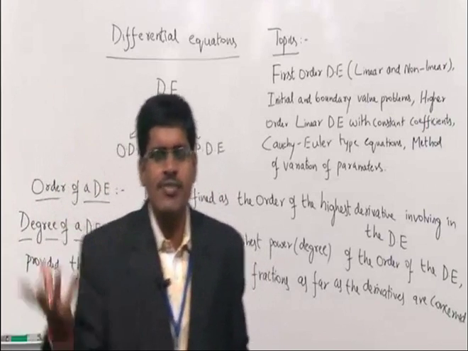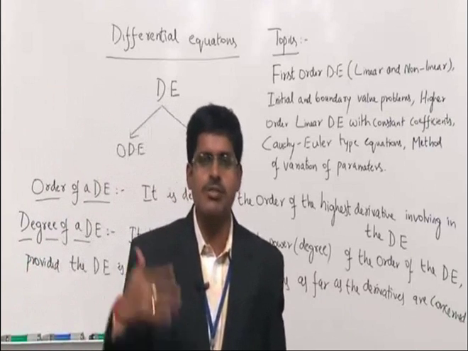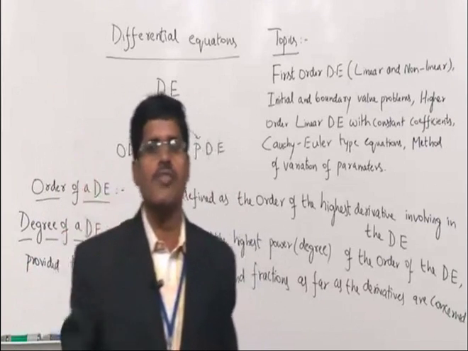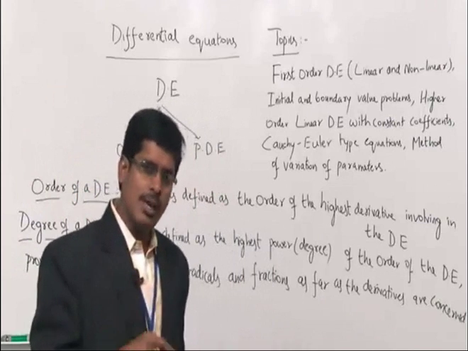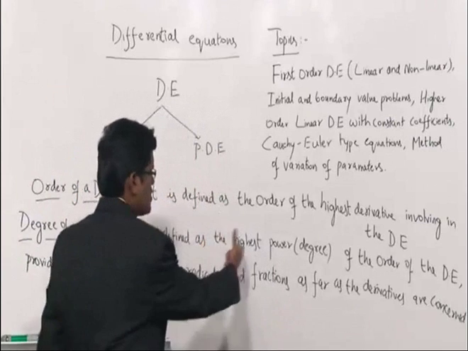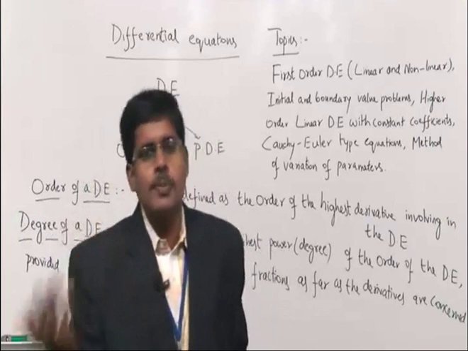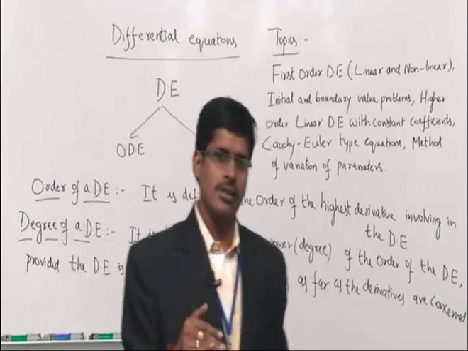What is the meaning of derivatives concerned? Y dash, y double dash, y triple dash, that is first derivative, second derivative, third derivative. In these terms, the differential equation should be in polynomial form. That is called free of radicals and fractions. Okay. So sometimes the definition says highest power. For example, in a differential equation, the highest derivative is repeated 2 times. In such cases, you see the highest power.